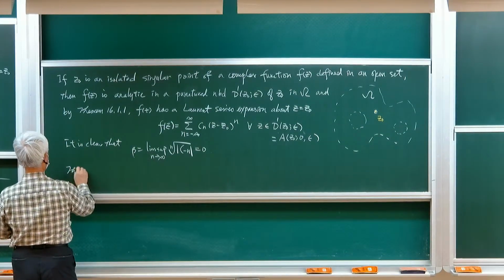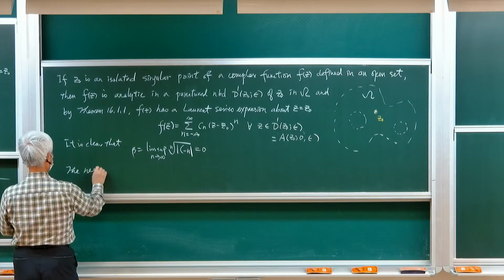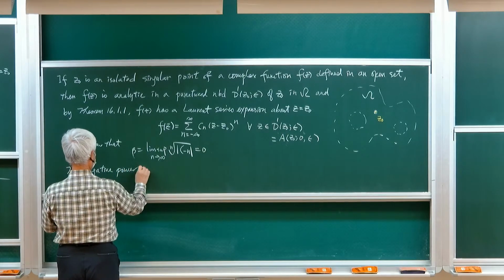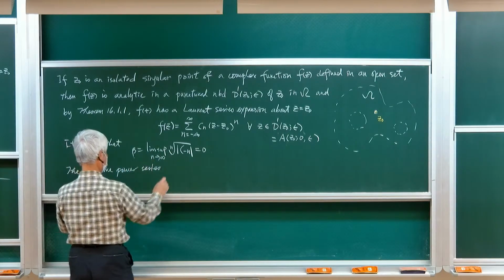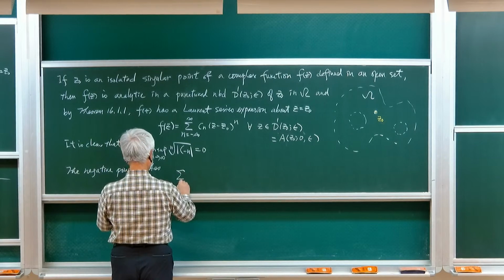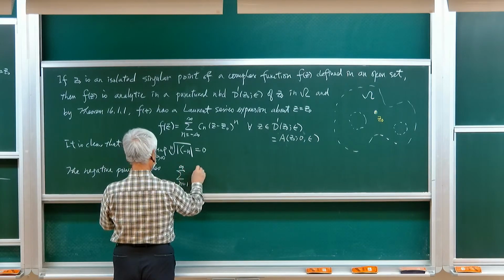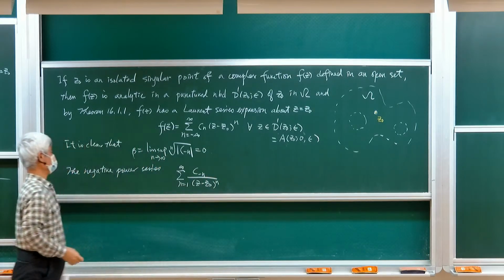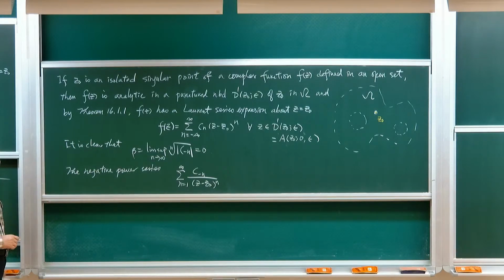Now we look at the negative power series. So this is c minus n, z minus z0 to the nth power.